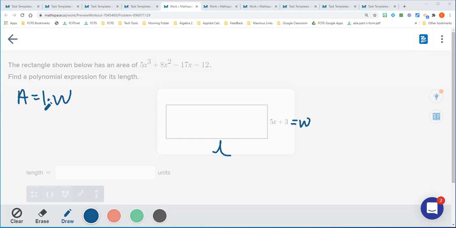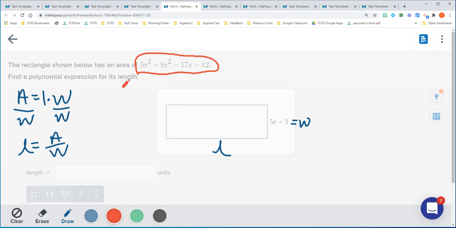So if I'm solving for L, okay, I'm going to divide by, so length equals area divided by, okay, it equals area. That's this one, divided by this one.